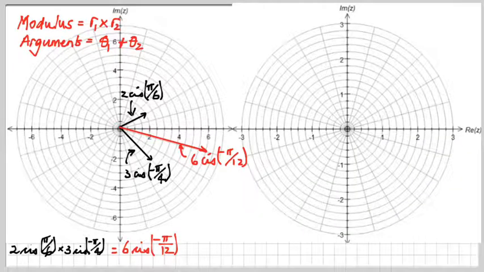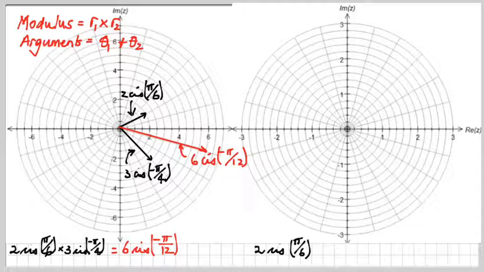Okay, here comes the next one for the division. So we've got 2 cis pi on 6. Now the scale on this one's a little bit different, so don't be tricked, because I needed to be able to represent that poor little stumpy result for you. So this one only goes up to 3, and therefore everything's going to look bigger.